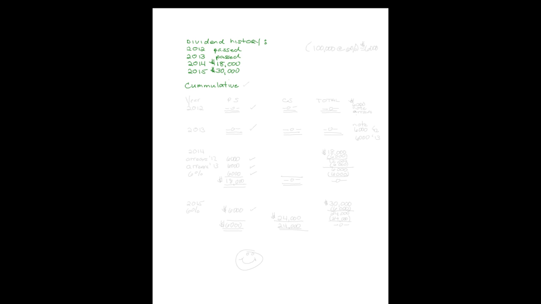And remember, we had $100,000 of preferred stock at 6%, so our dividend is equal to $6,000. And it was based on the balance in the preferred stock account.